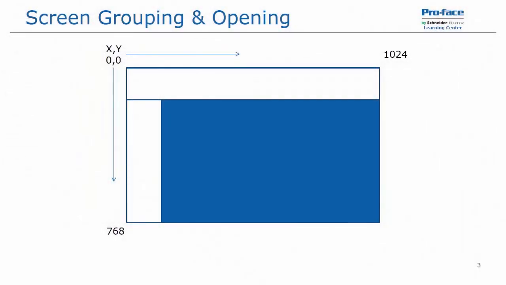For this training application that we will be creating, we set a resolution of 1024 pixels wide by 768 pixels tall. In the application, we will be creating 3 basic screens: a header across the top, a navigation across the left side, and then a main screen.